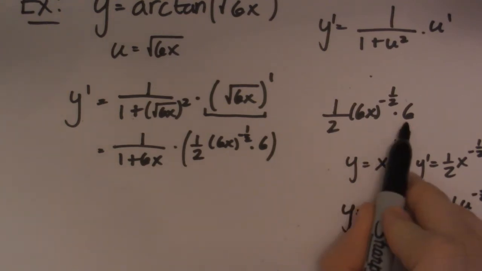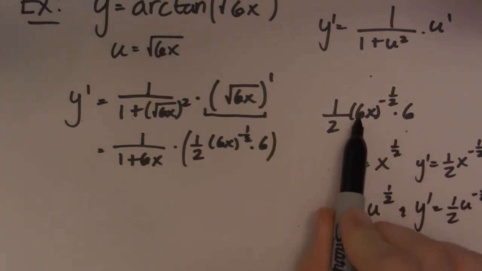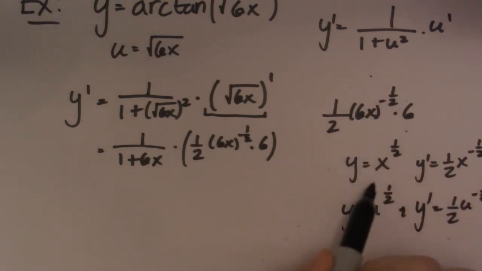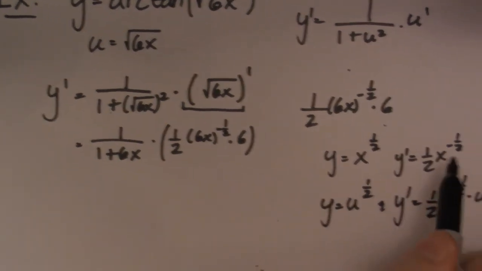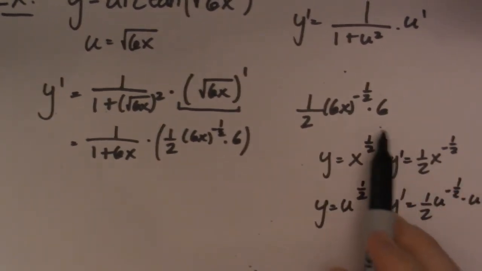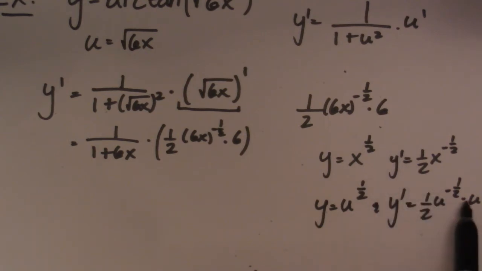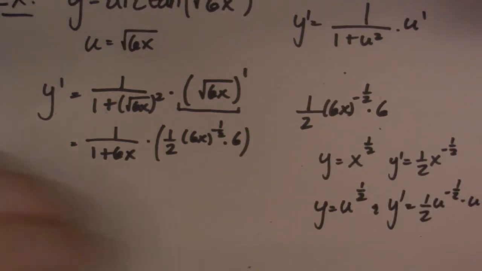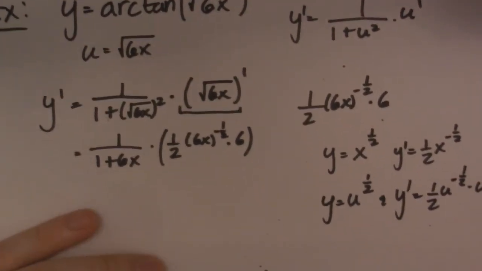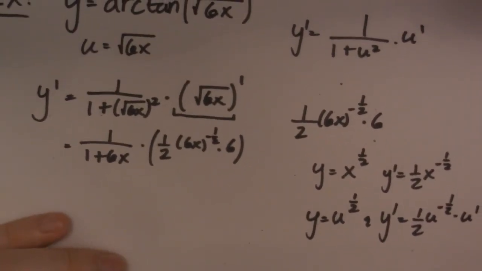So that right there, that 6 is my u prime. And so I just basically filled in where that u would go right there. So that u goes right there. That 6x is the u. And if you can see the prime there, it's right there. Let me just see if I can squish this in a bit. I can't move it in any further. Oh, there it is. There you go.